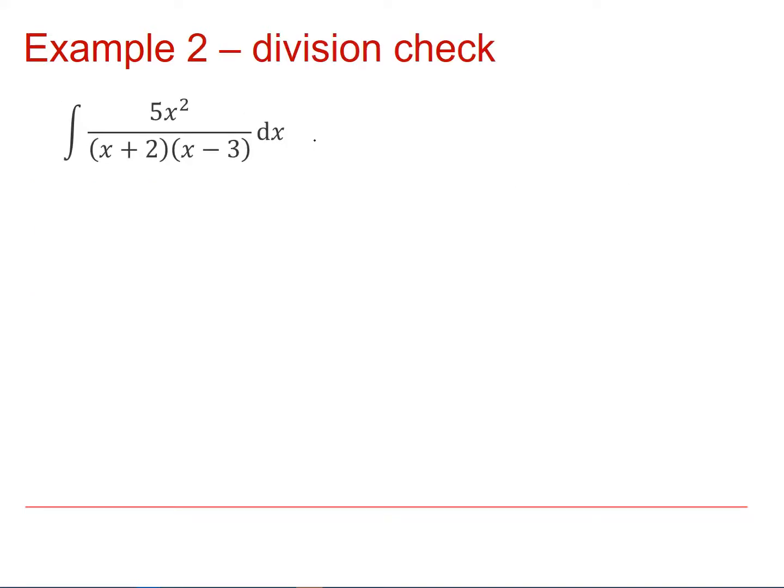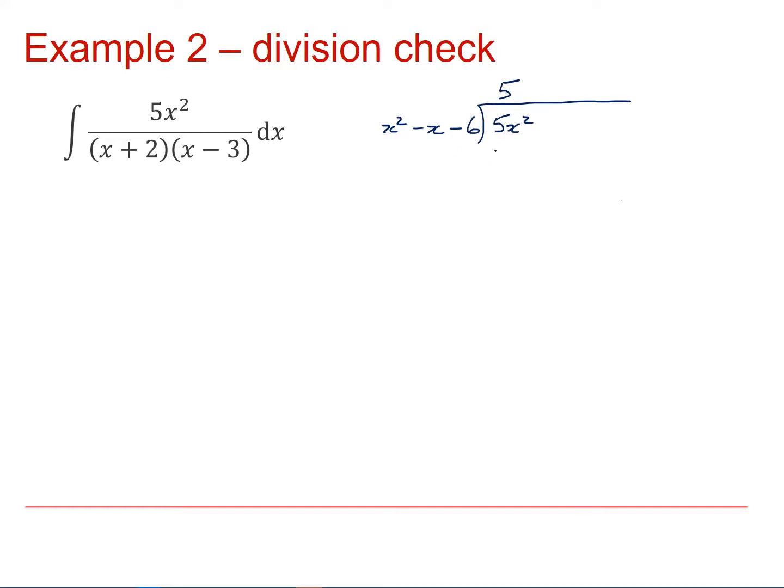Okay, for this second example, I need to do a division check. If I look at the bottom line, it's actually x squared minus x minus 6. And the top line is 5x squared. So I'm going to divide the top line by the bottom and see what we get. x squared into 5x squared goes 5 times.